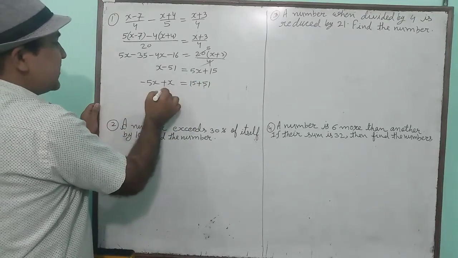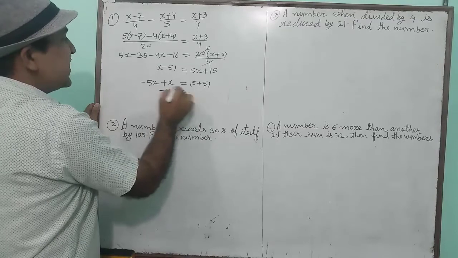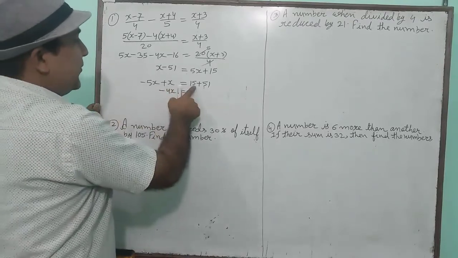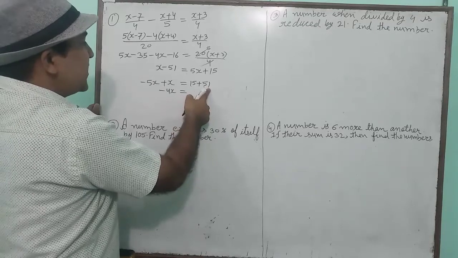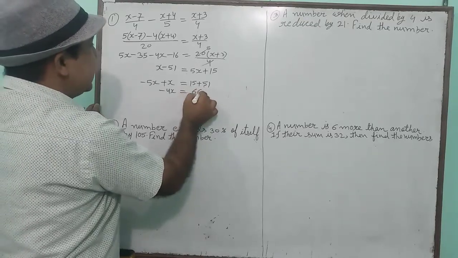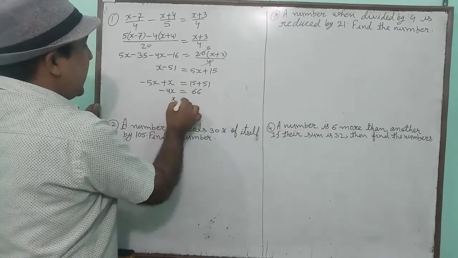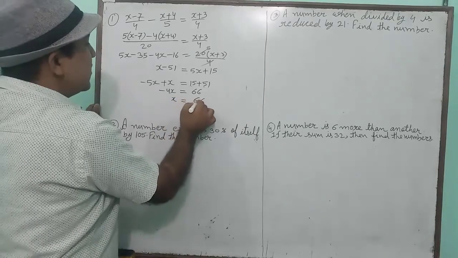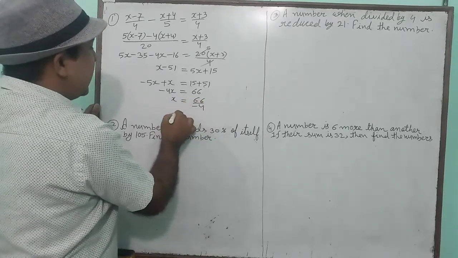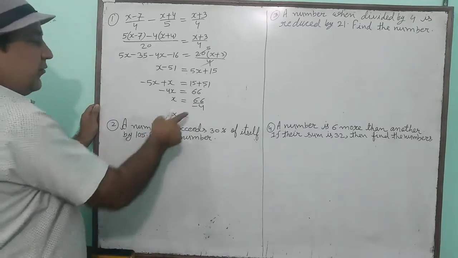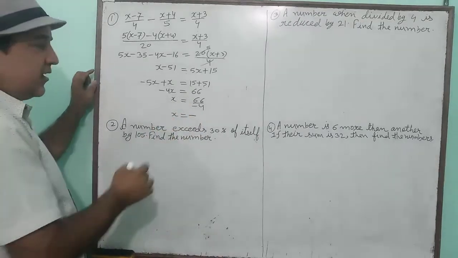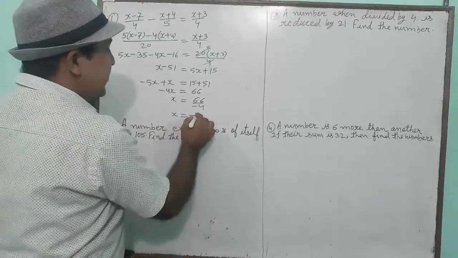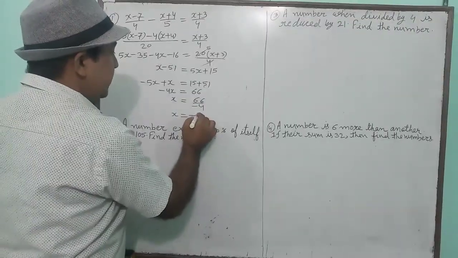Minus 5x plus x will be minus 4x, and 15 plus 51 will be 66. Therefore, x is equal to 66 upon minus 4. When minus divides a positive number, your answer comes in minus. And when 4 will divide 66, see what will you get.